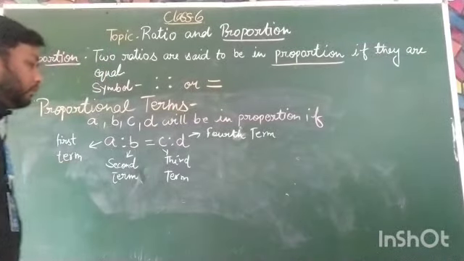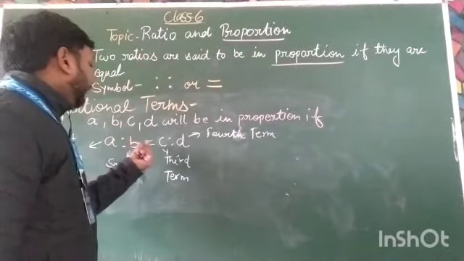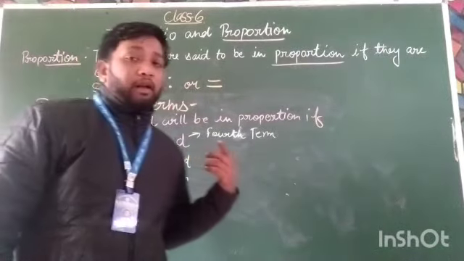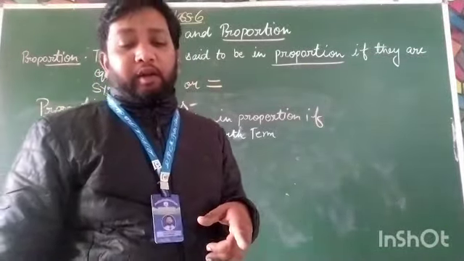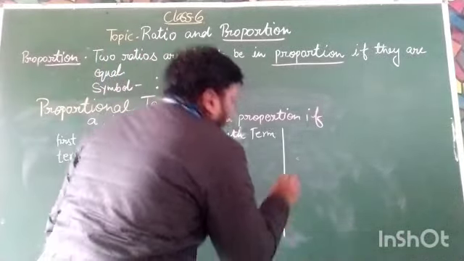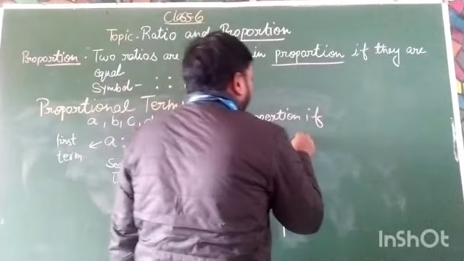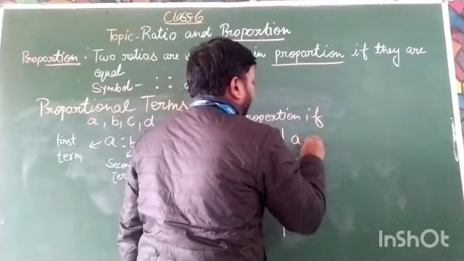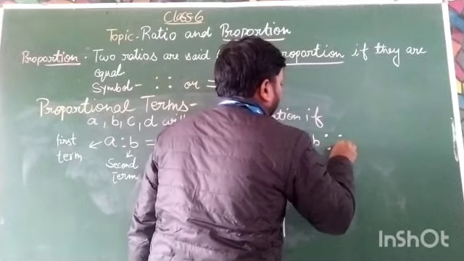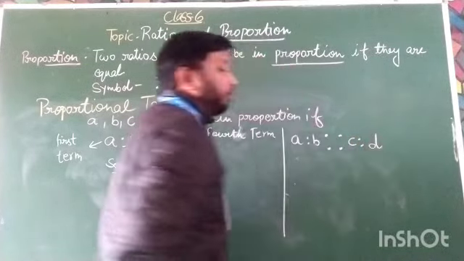Here we have put the equal symbol, but in place of equal we can also use the proportional symbol, and here we can write A ratio B proportional to C ratio D.